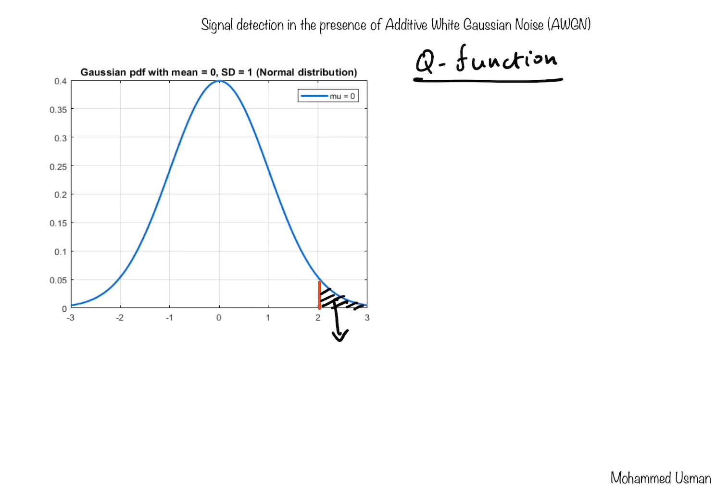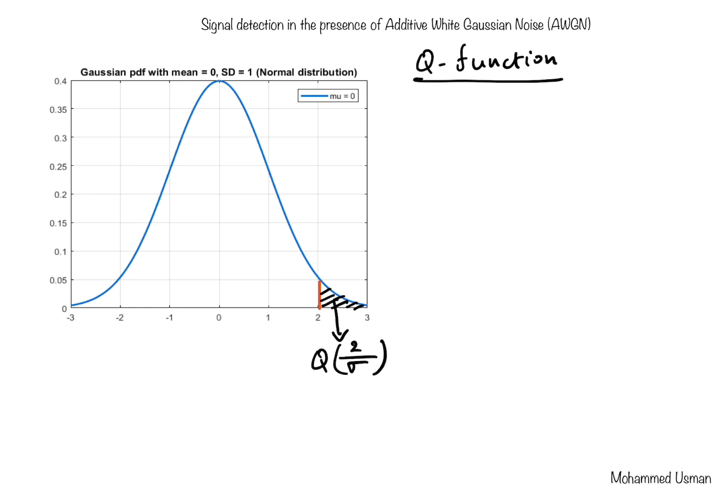We'll denote it as the Q function of the Gaussian PDF, which has a certain standard deviation, and the cutoff point that we choose to compute the area. So we are computing the area to the right of 2, from 2 to infinity under this Gaussian PDF, which is centered on 0. So we'll write that as Q of 2 by sigma.